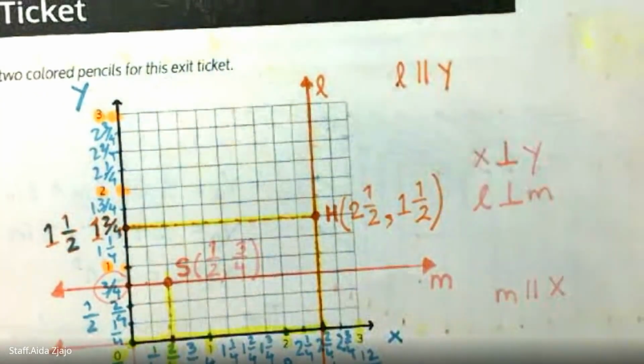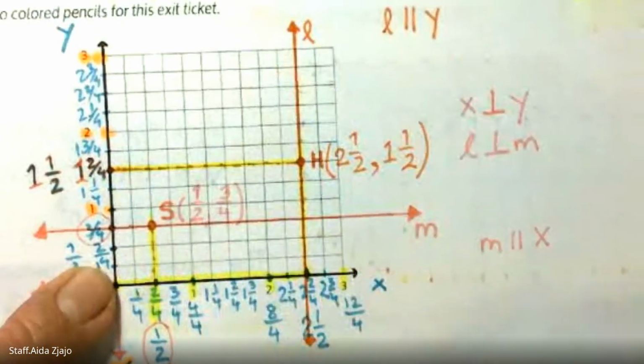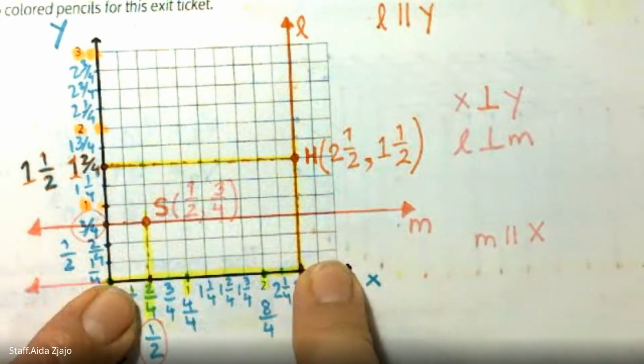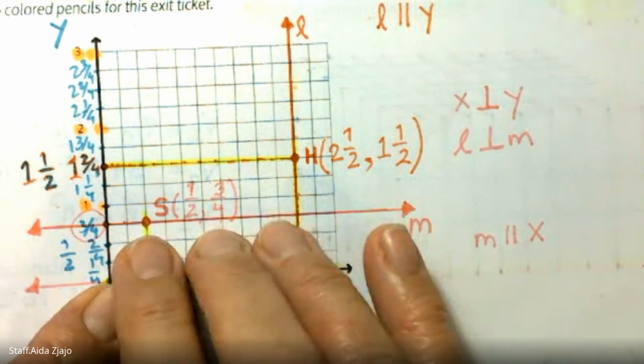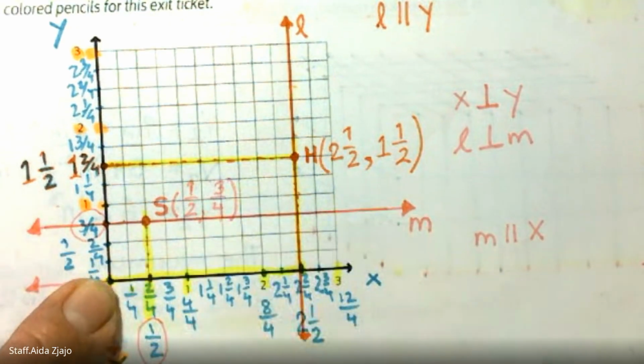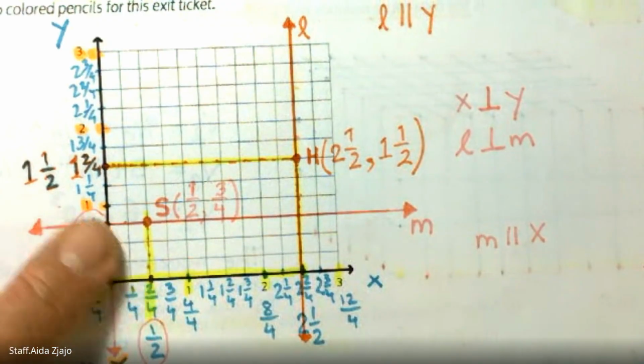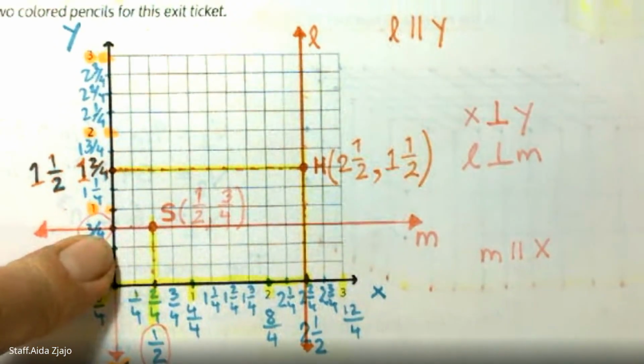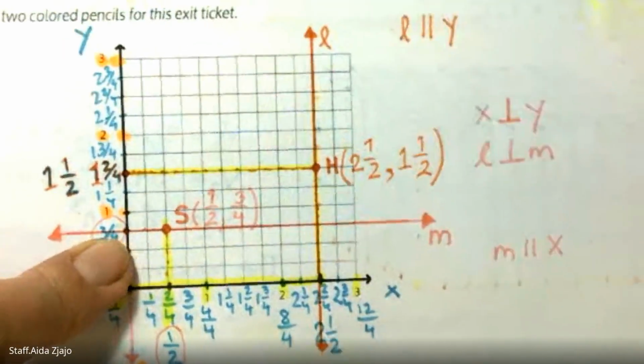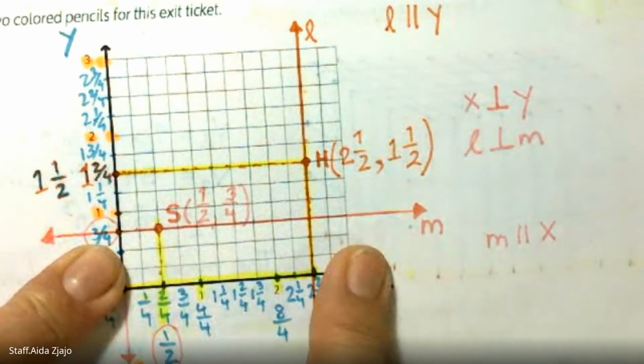So if we think about this, this is the x-axis, and less than 3/4 from the x-axis would be everything that is right here.